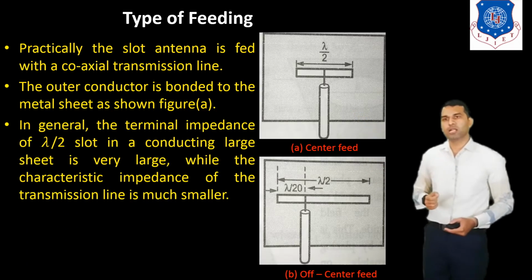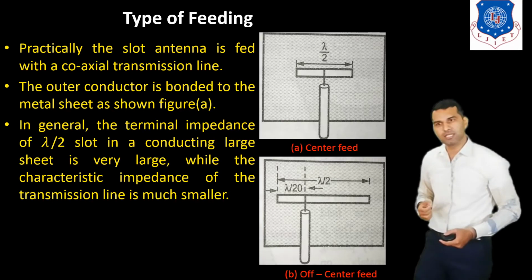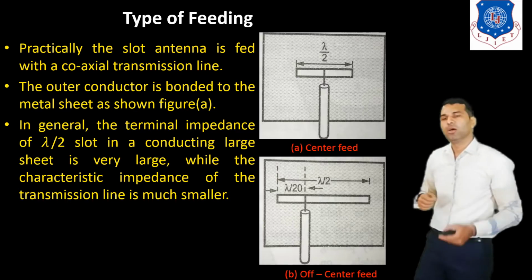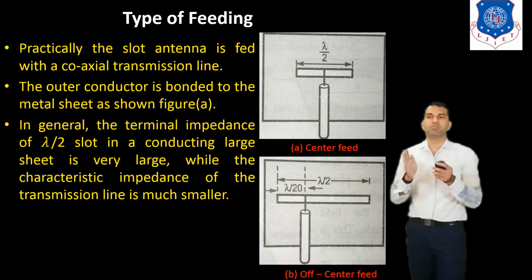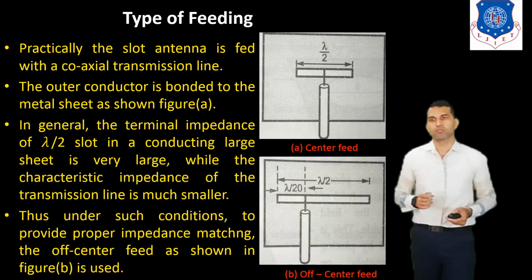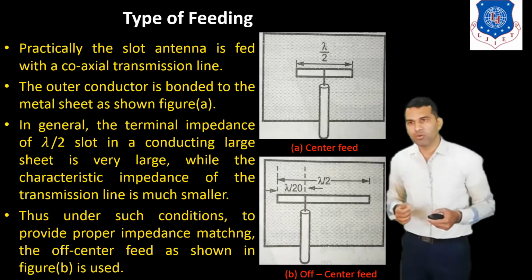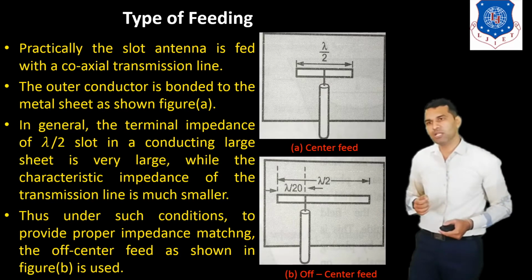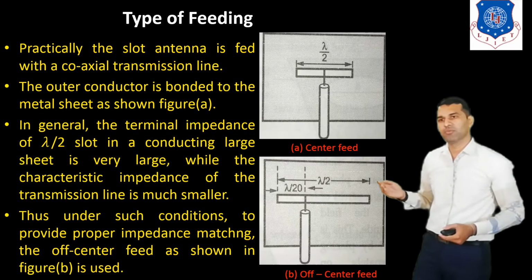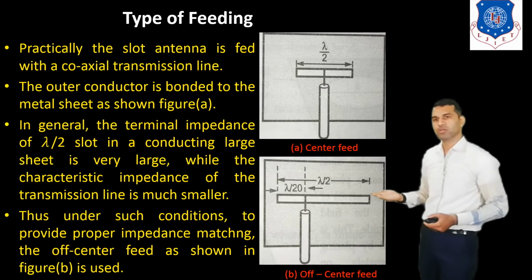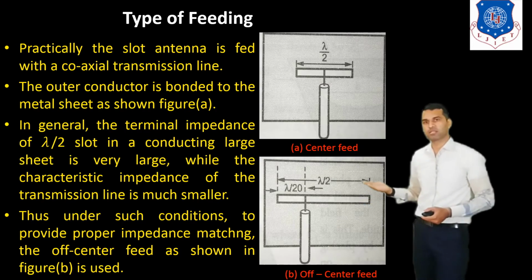In general, the terminal impedance of a lambda by 2 slot in a large conducting sheet is very large, while the characteristic impedance of the transmission line is much smaller. Thus, to provide proper impedance matching under such conditions, the offset feed as shown in figure B is used. Here, this is the offset feed we use in such a condition.